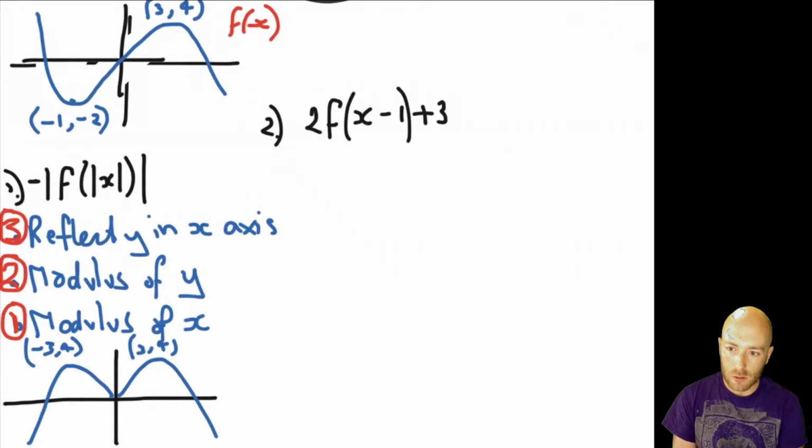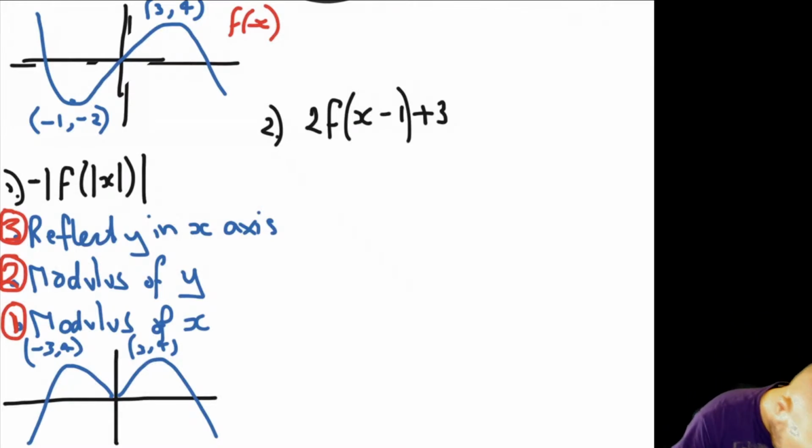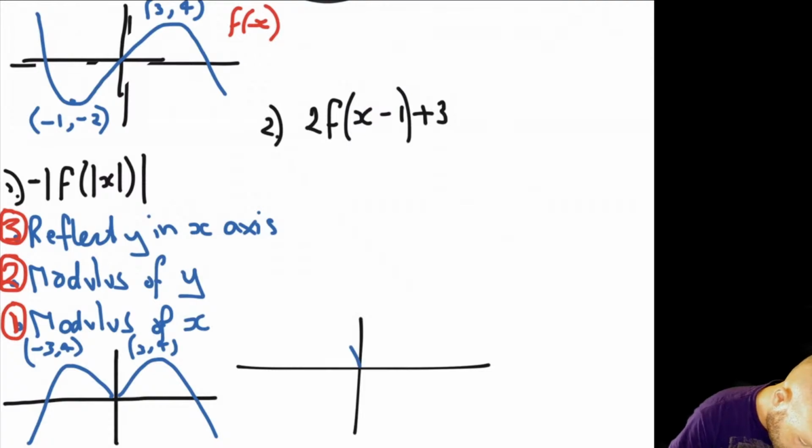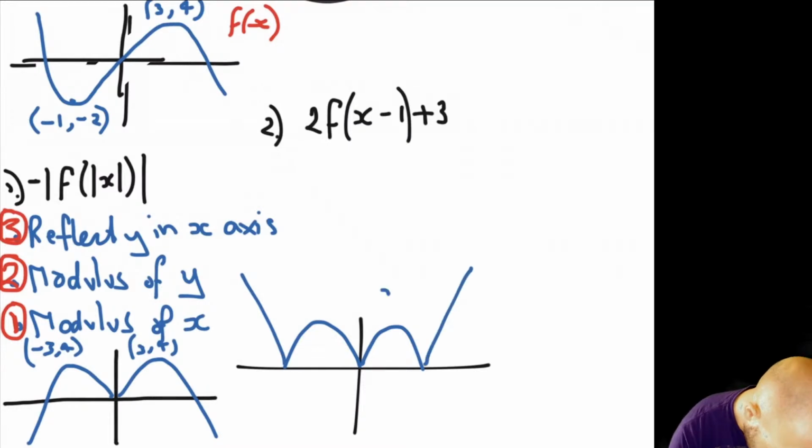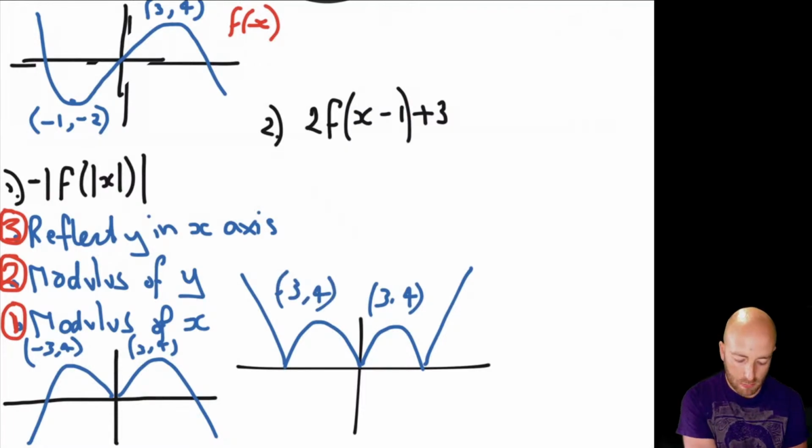The next step is to do modulus of y. So that's going to reflect up any negative y values. So that's going to be these 2 bits coming up here. These points are still going to be the same. And the last bit is to reflect y in the x-axis.